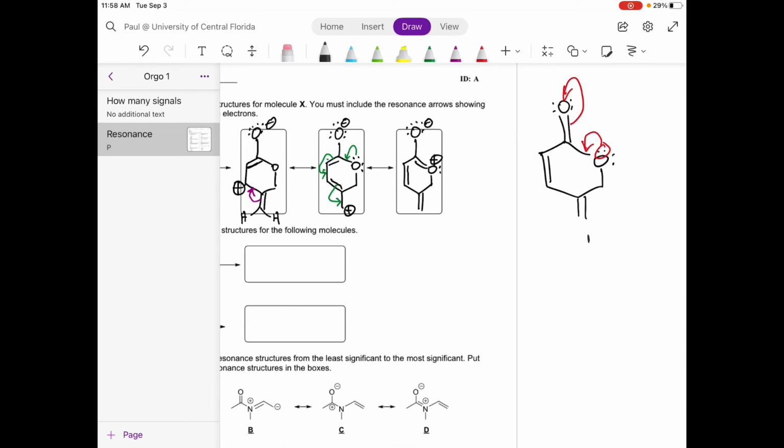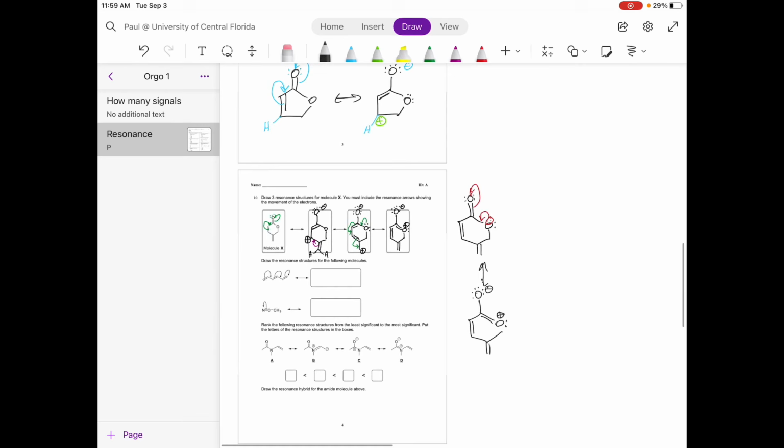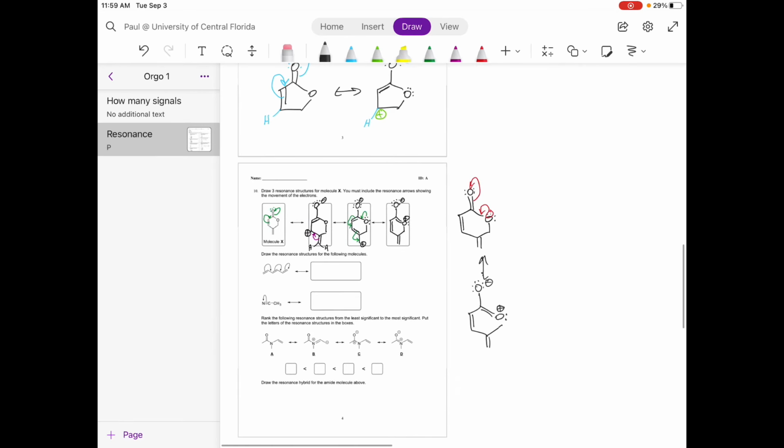And that resonance structure would look something like this. Like that. Okay, next one.